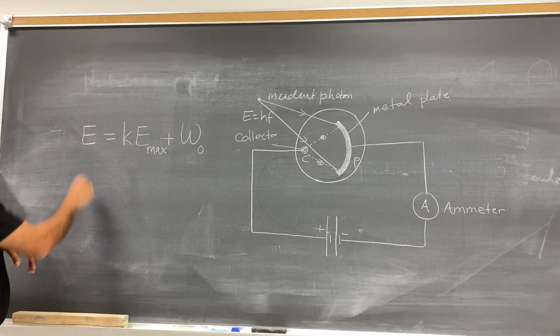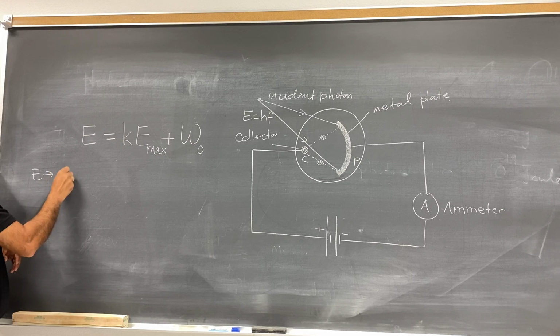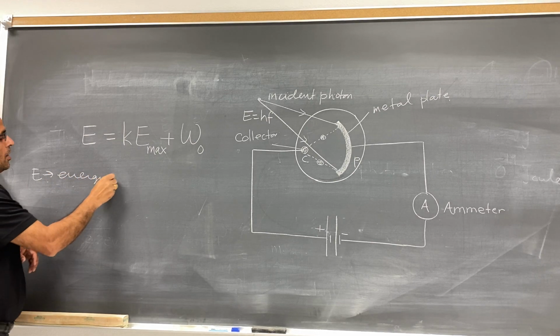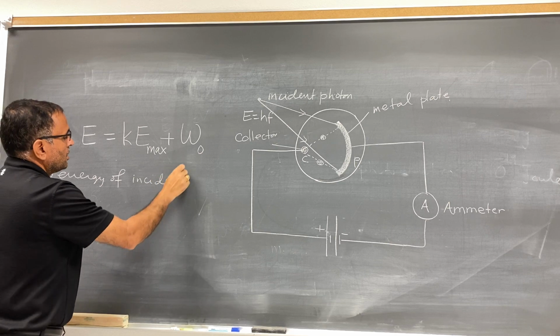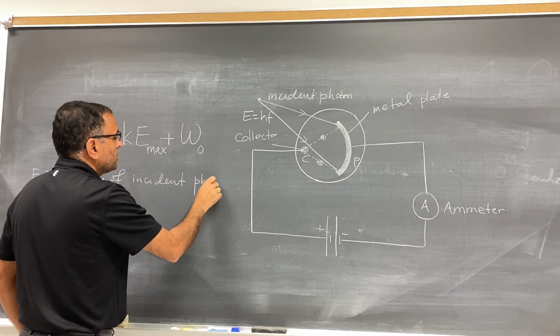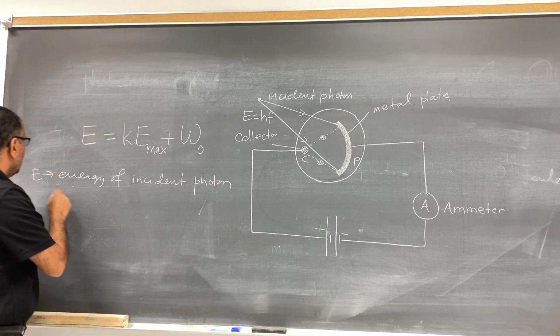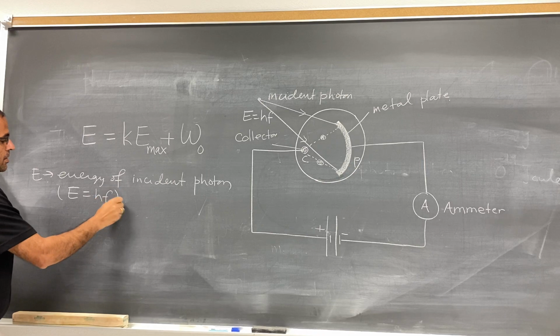Now what is E? E is the energy of incident radiation, or you can write photon. So this is E equal to hf.